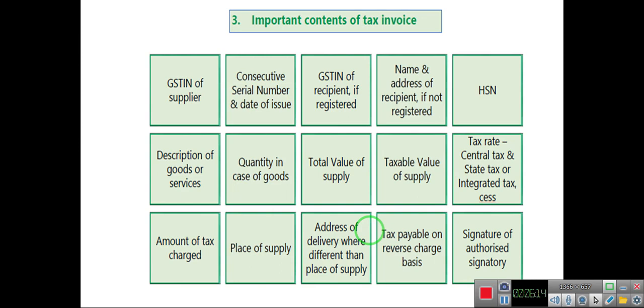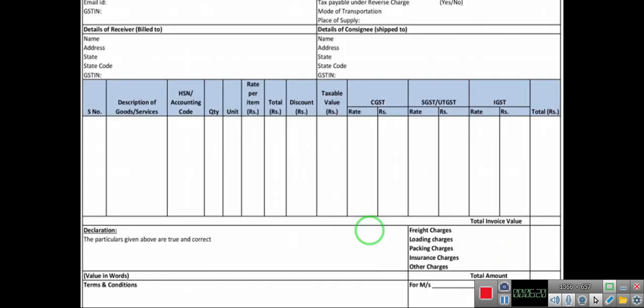Now, the important contents of a tax invoice we can see from the format also. Here we include the name of the supplier, address, email ID, GSTIN number and invoice number, date, and tax payable under reverse charge. We also include details of the receiver and the details of the consignee.